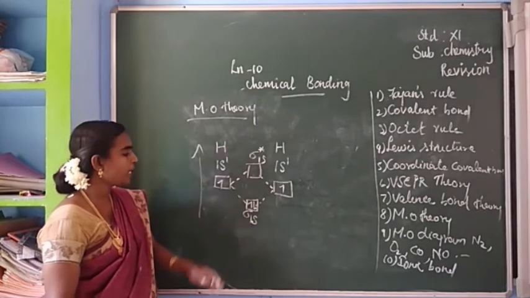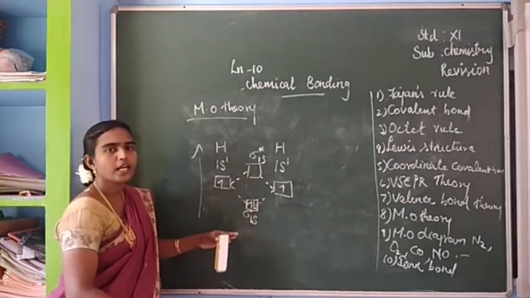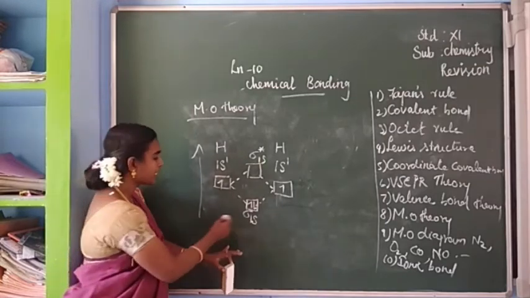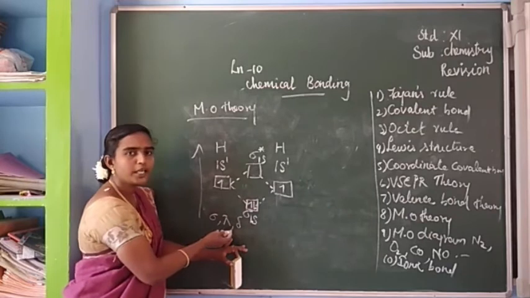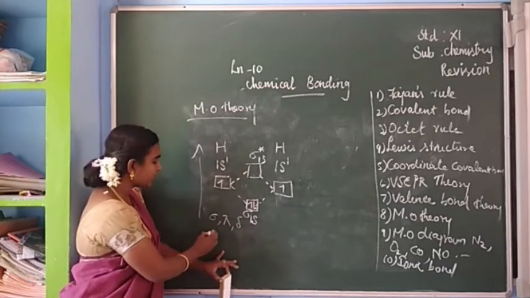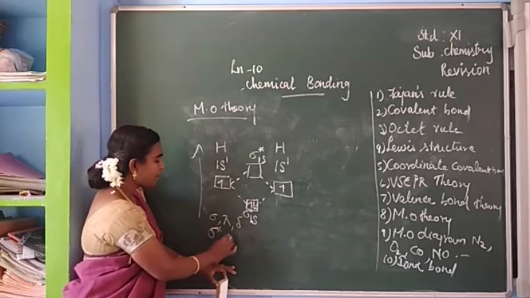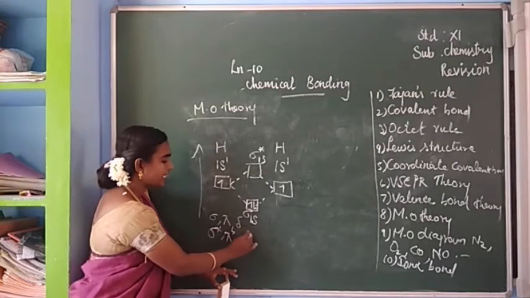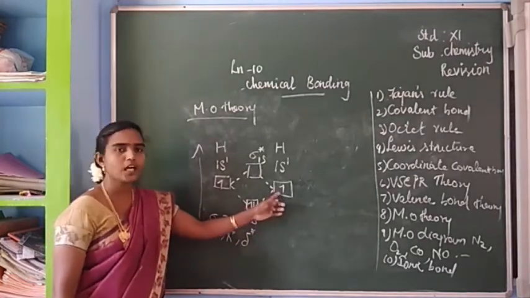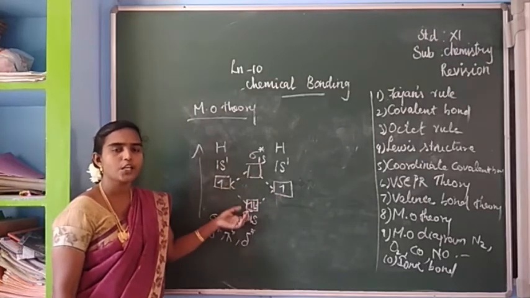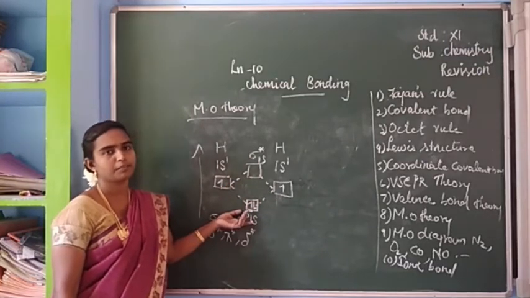So usually bonding molecular orbitals can be represented as sigma, pi, delta. But antibonding molecular orbitals are represented as sigma star, pi star and delta star. The shape of atomic orbitals and the shape of molecular orbitals are similar.